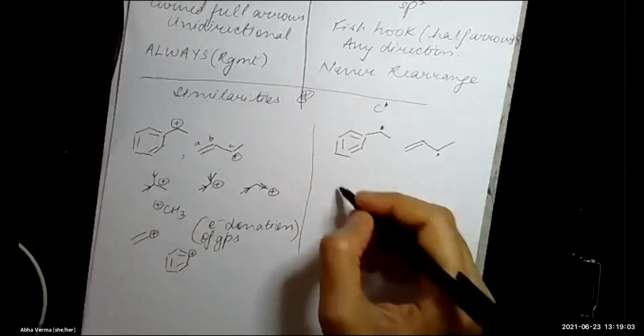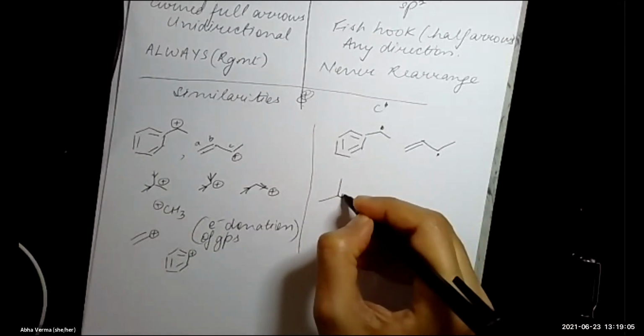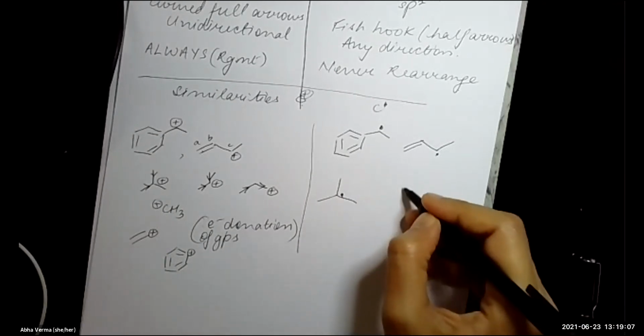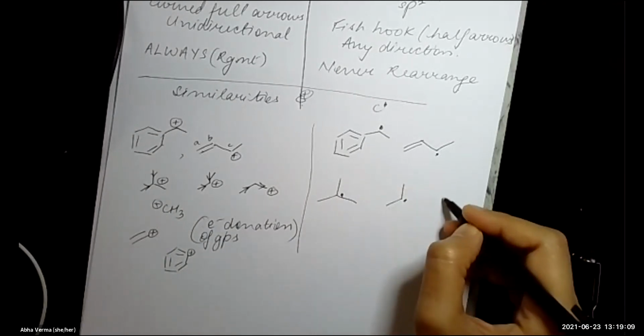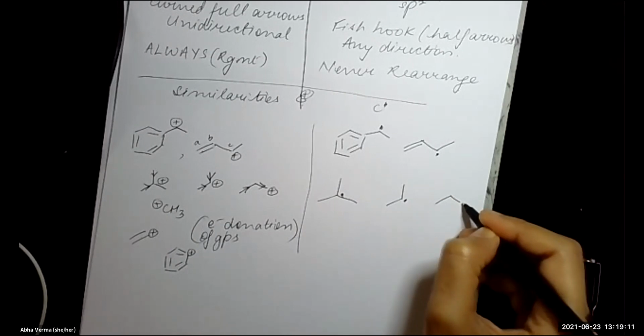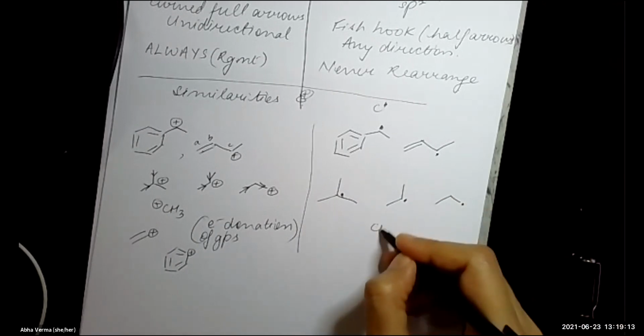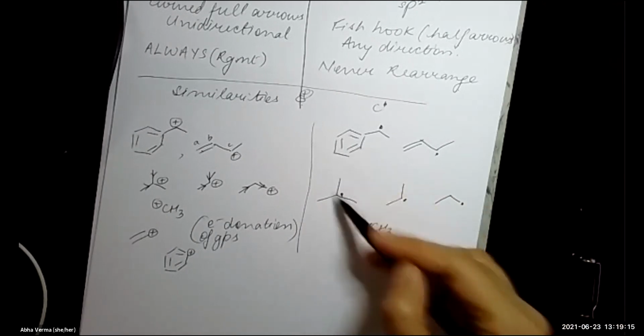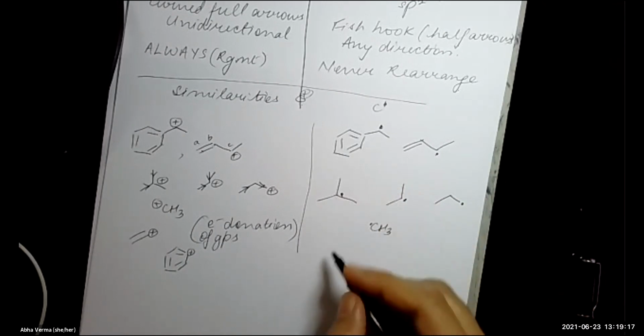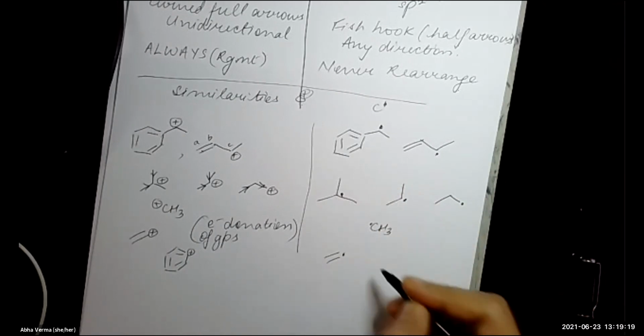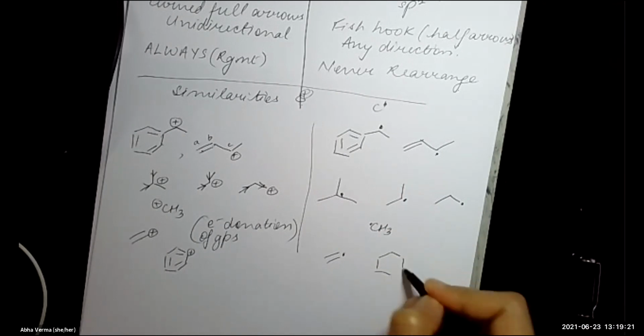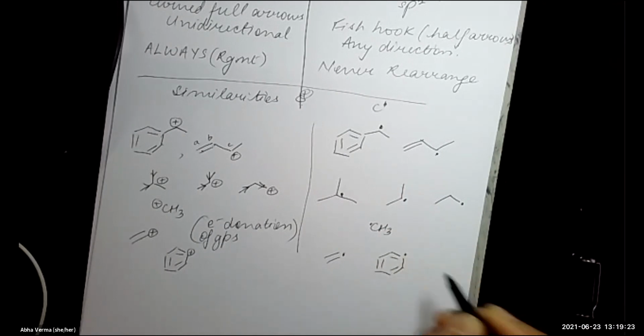Same exact preferences. And then the methyl radical is going to be the least stable among all. Then the vinylic and the phenylic radicals: we don't even see these radicals form ever.